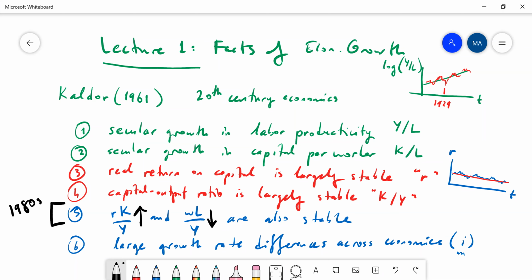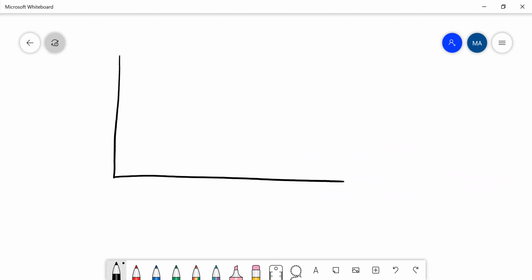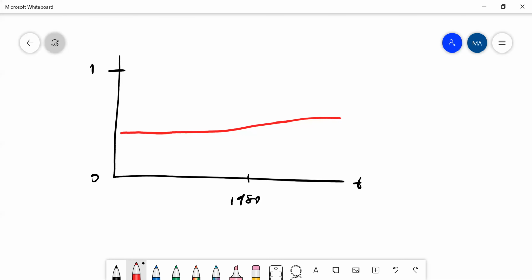So if you imagine, you can observe something like this. This is between 0 and 1, and this is, let's say, 1980, the time axis. Initially the capital income share is like 1/3, but it is now slightly larger, and the labor income share is something like this.